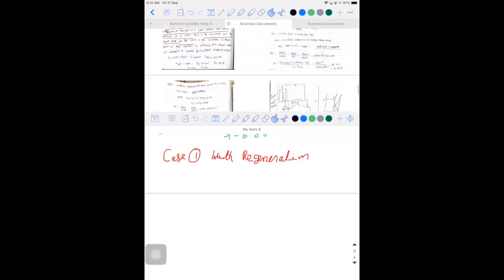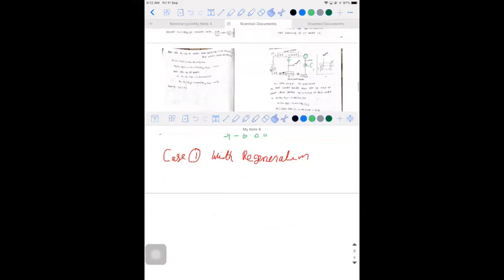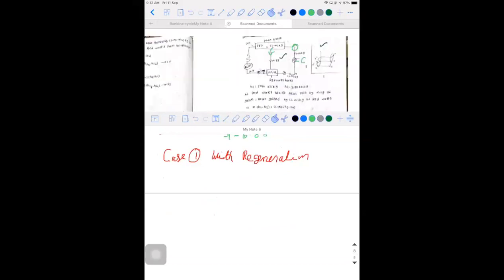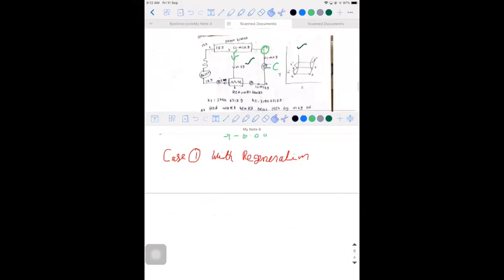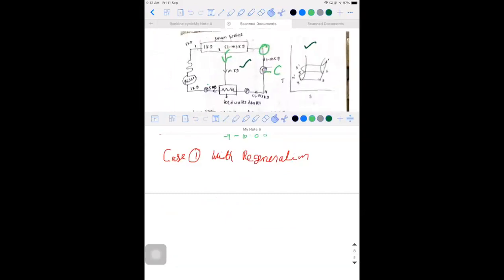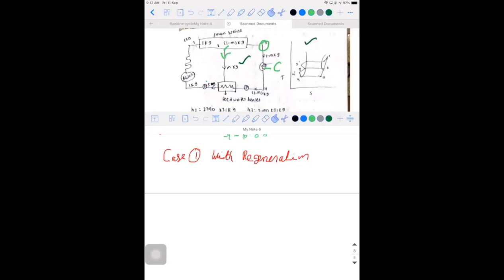First of all, you are supposed to find the m value. To get this m, let us have a heat balance at the feed water heater. Here we have only a single feed water heater, so no need to specify it as an LP heater or HP heater.